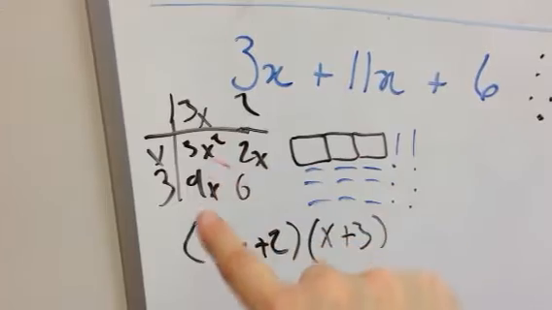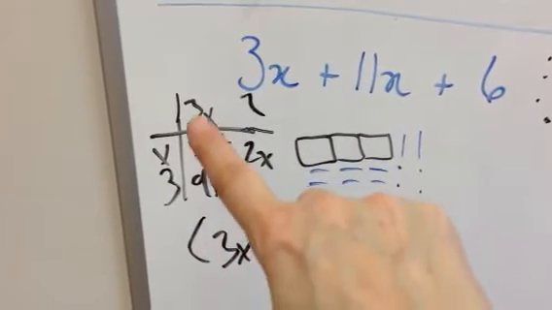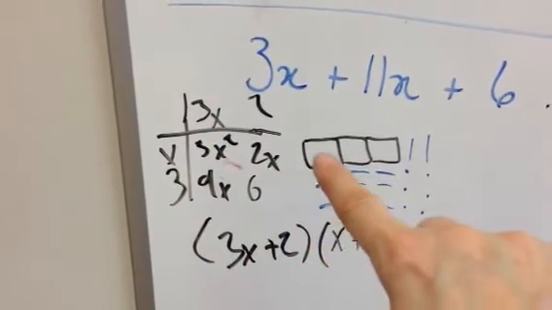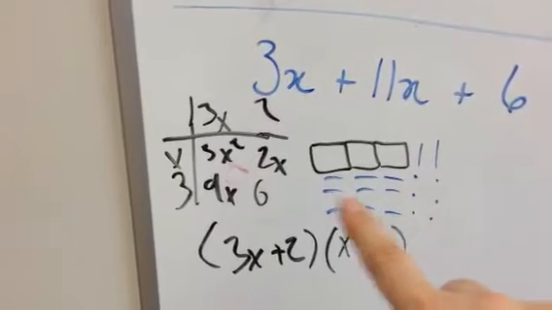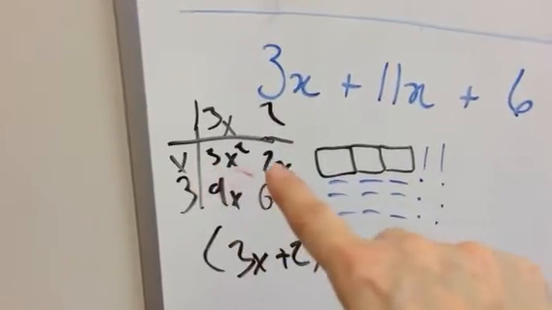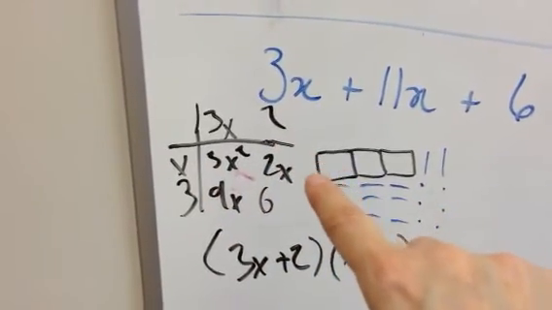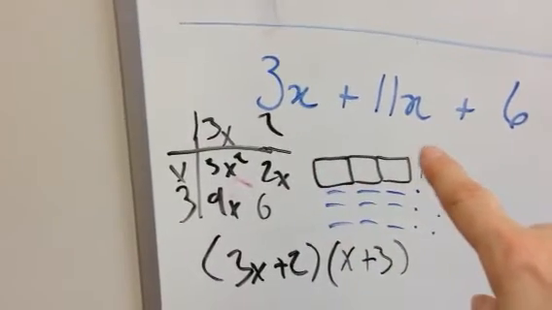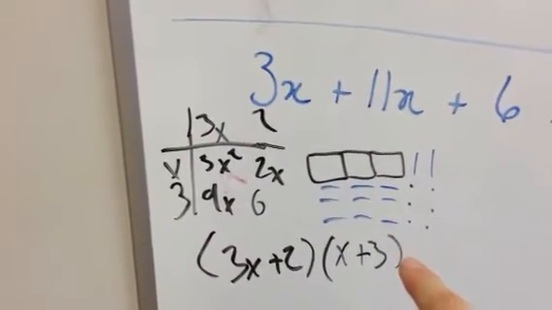Over into the grid, there's the 9 and the 6. There's the 3 times 3 is 9. Here's the visual, 3 times 3 is 9. And there's the x times 2, and here is the x times 2. So here are his factors written in a more traditional form.